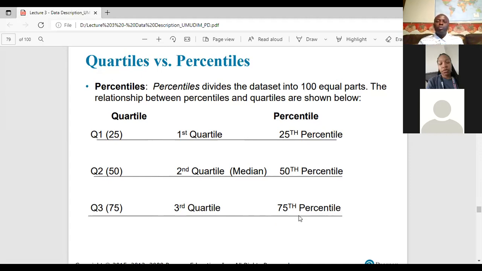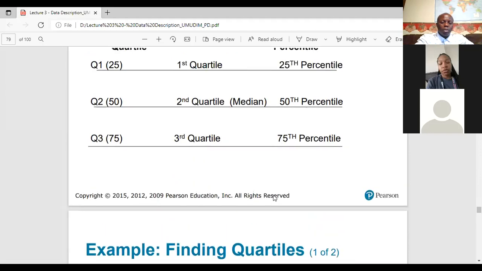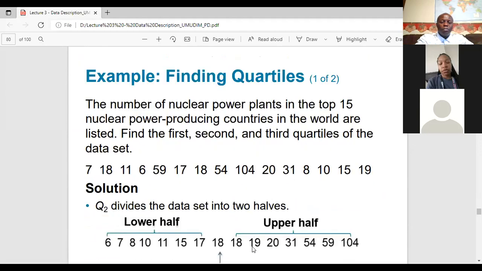So because of this relationship, we can use the same formula that we use for finding the quartiles to find the percentile. In this note, a different method was used for finding the quartile, but I'm going to show you the one method that you can use for both the quartile and the percentile. That method involves using this formula that I'm about to write here.